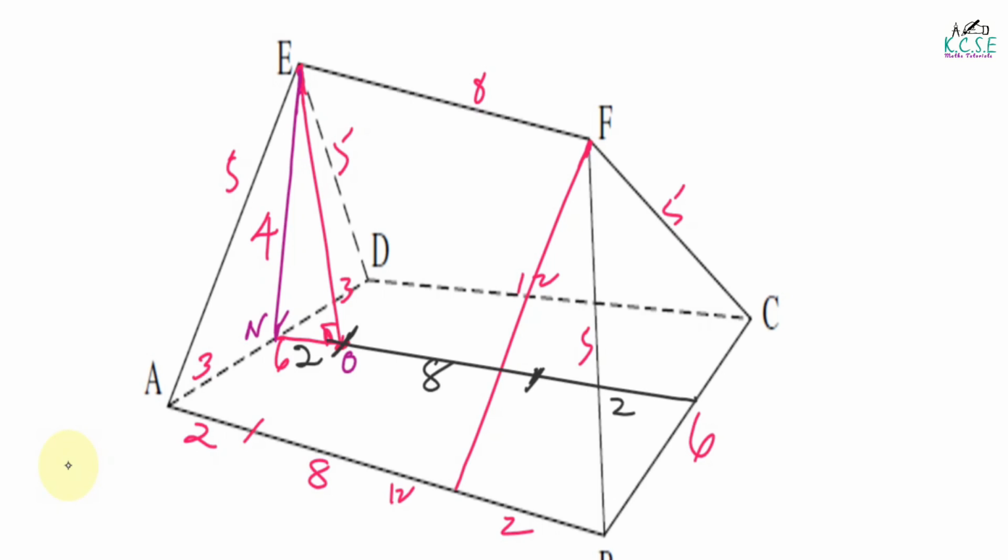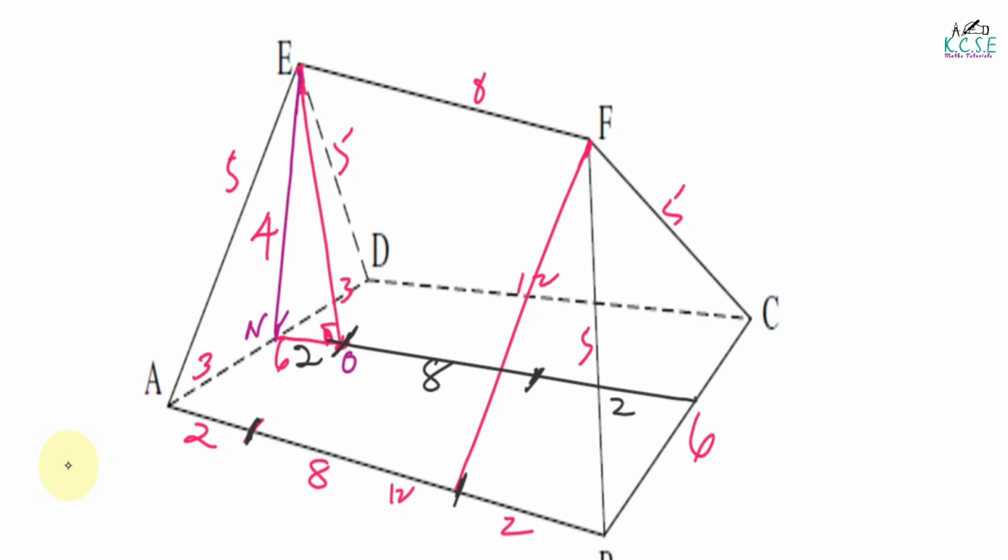So EF starts from here to this point. We have drawn that. That is EF. That is 8. So the remaining parts, both to the right and to the left, are equal. And you must get the whole of that distance. AB is 12.